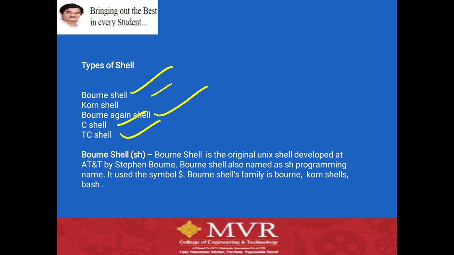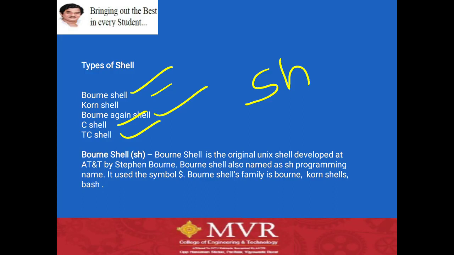The Bourne shell is named so because it was developed by Stephen Bourne at AT&T Labs, and he named the shell after himself. Whenever you write a program, the Bourne shell is always represented by 2 letters, that is SH. So whenever you find SH, that is nothing but the Bourne shell.